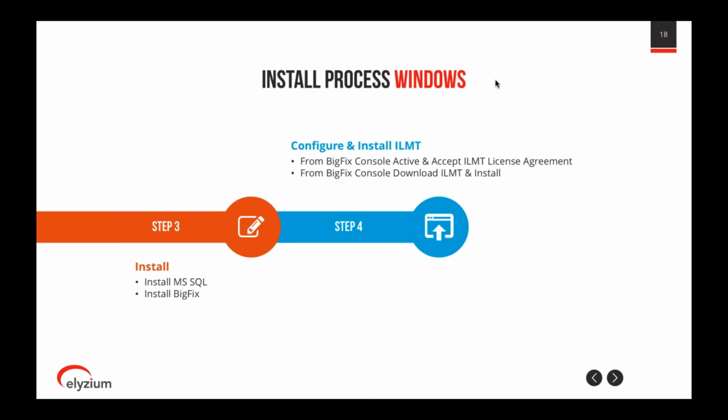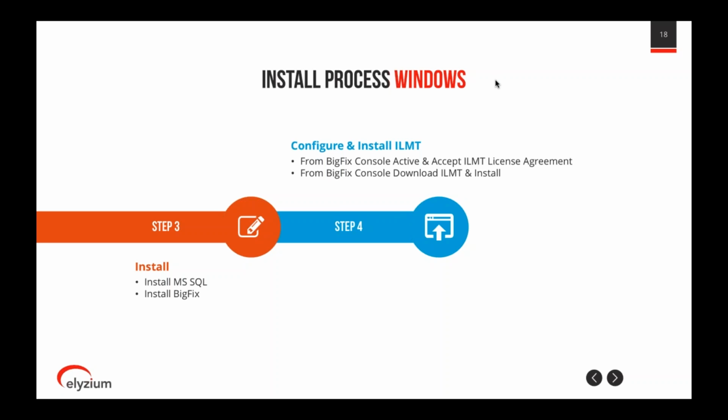Once it's installed, there's a few more manual steps. And again, if you follow the documentation steps or the references that I put in previously, it goes through this. Whereas the all-in-one installer on Linux does all of these steps in the background, here you do have to go into the BigFix console, log on, accept the license agreement, and then download ILMT.